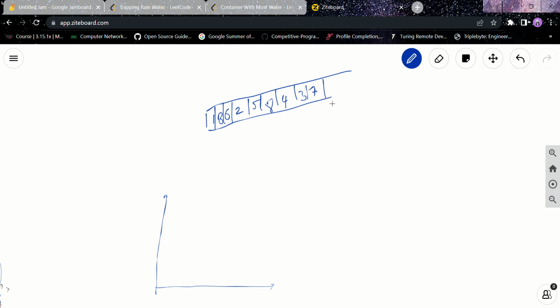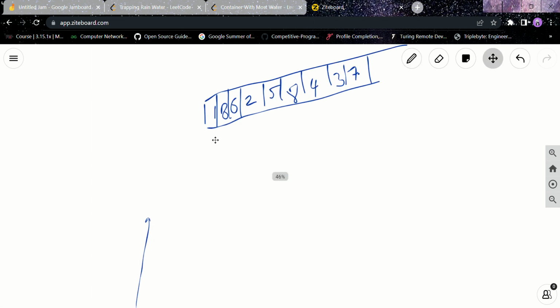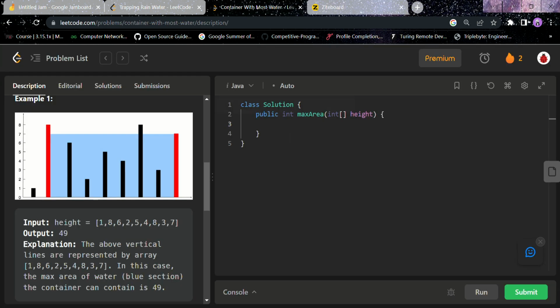Okay, this is our array. Its indices are 0, 1, 2, 3, 4, 5, 6, 7, 8. It has a total of 9 elements, so n equals 9. Now we need to see what is the maximum area of the container.